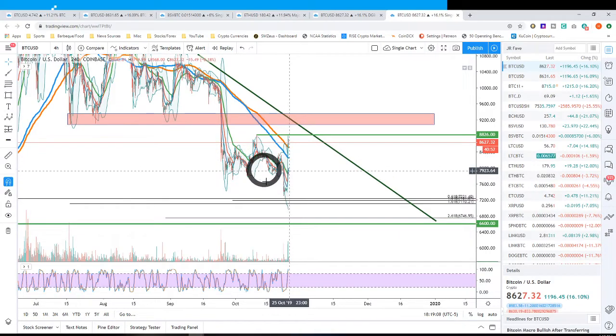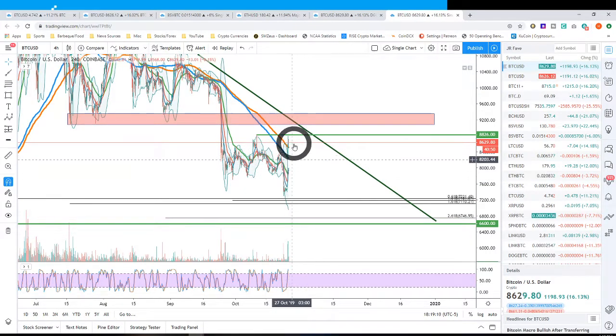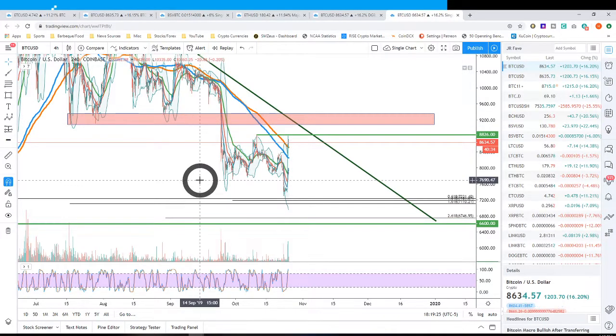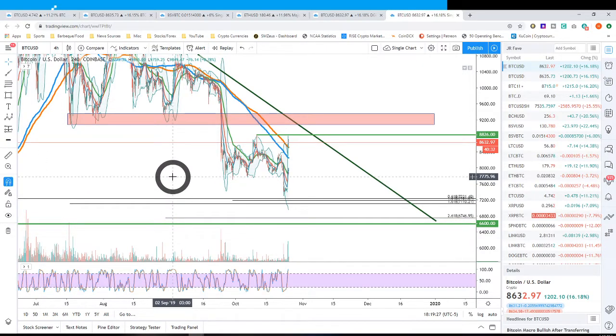So, again, while this all looks really good and it's a great move, everything hinges right around this area, 9,000 to 9,200. Any questions?